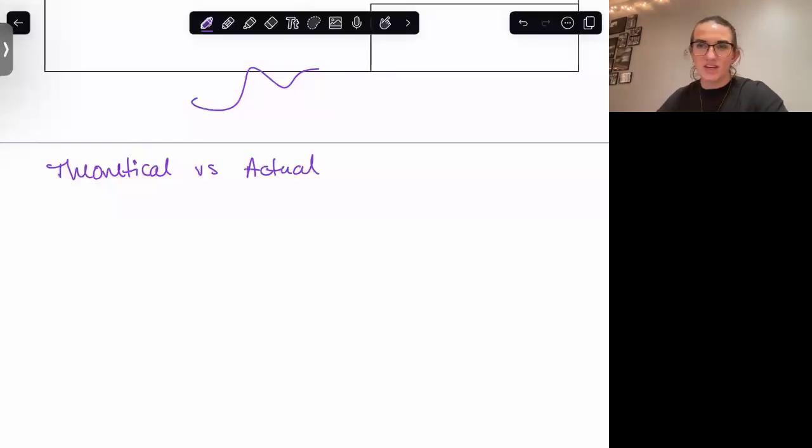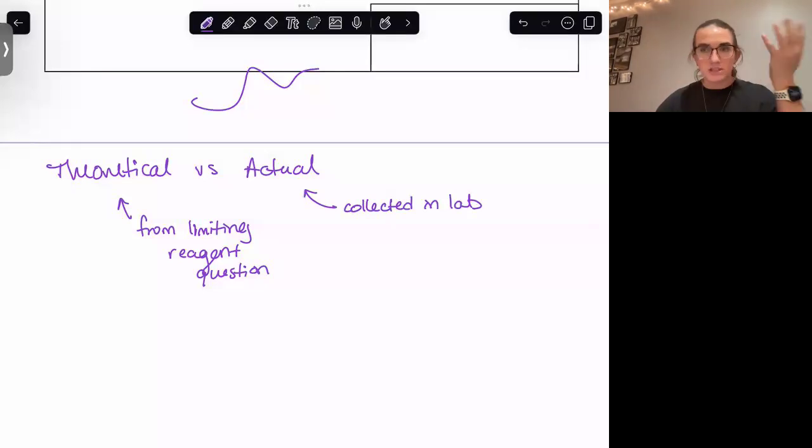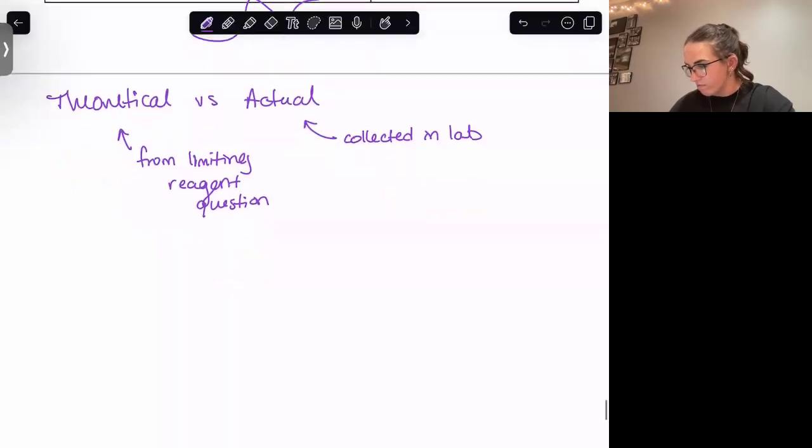Theoretical is something you would get from a limiting reagent question. And your actual is something that you would collect in lab. So your theoretical is what you expect to get, your actual is what you actually collect.